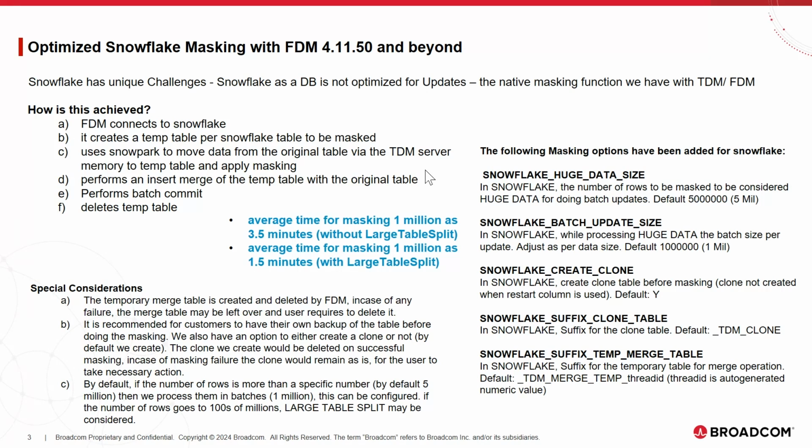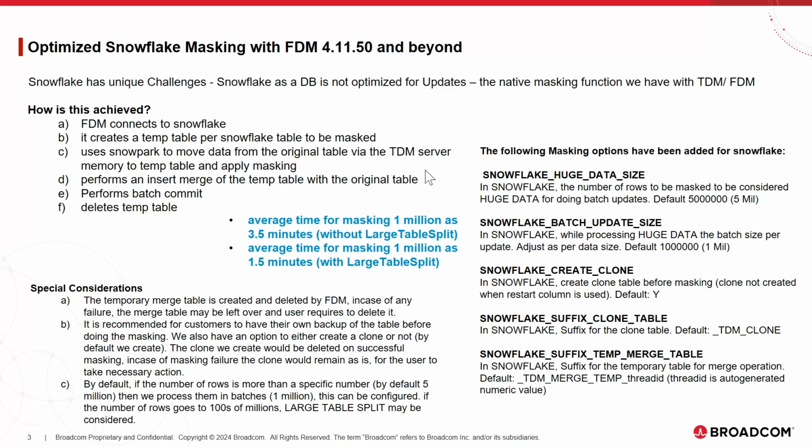This can be updated in your masking options, of course, but the default behavior is that for 5 million rows, we consider this huge data, and batch updates are automatically enabled. Batch update size defaults to 1 million. Again, this is configurable, which means the data will be committed for every 1 million rows which are updated.